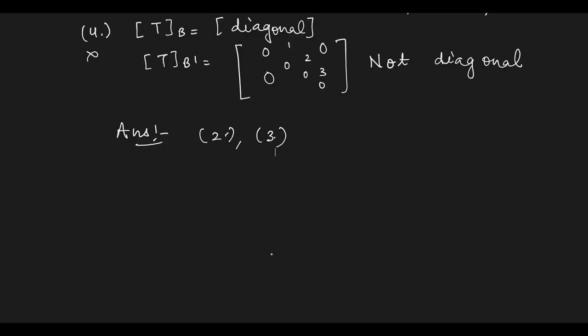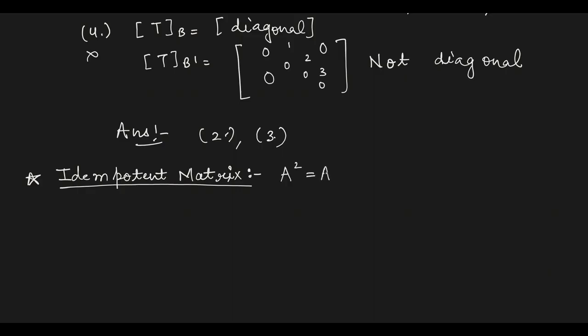Next is idempotent matrix. It is A square equal to A. So the characteristic polynomial will be x square equal to x, meaning x square minus x equal to 0. So the eigenvalues will be 0 and 1.